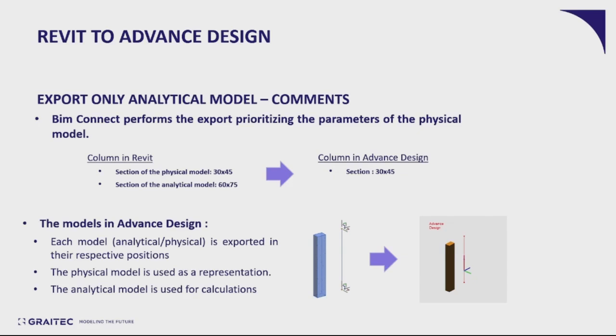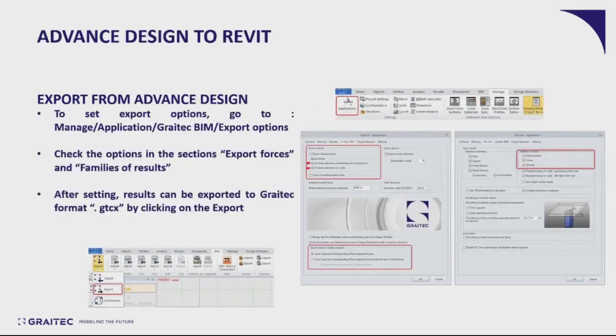A few clarifications about the concept of the physical and the analytical model, which is their role, after all, in Revit and Advanced Design. On the workflow from Advanced Design to Revit, it's important to set up the export options.